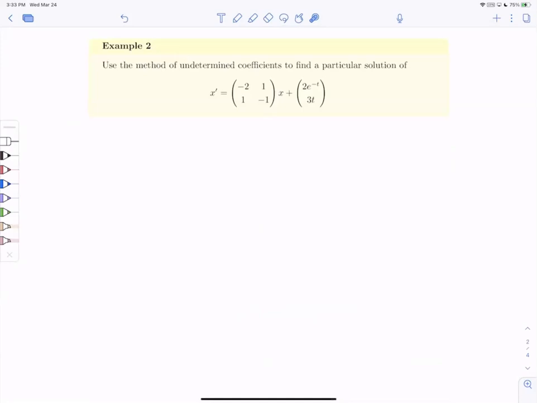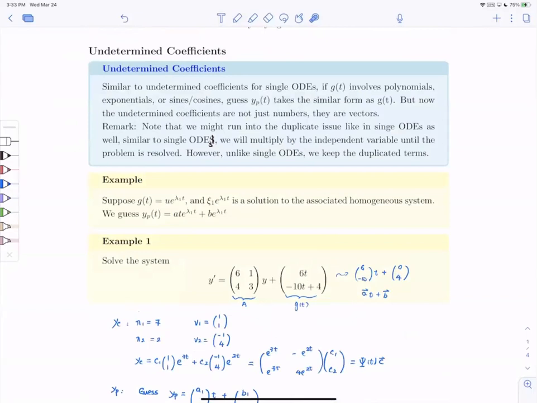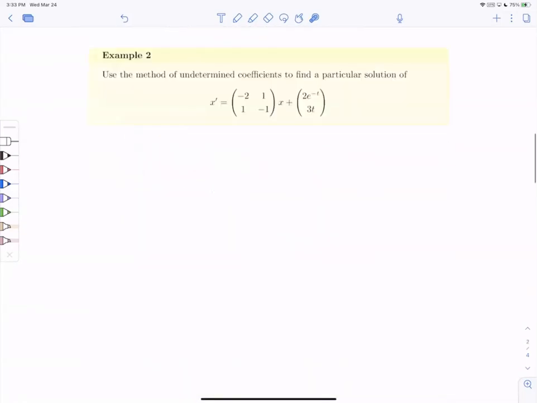Example 2. I'll tell you that in this example you will see duplicated terms, and remember, for a system of ODEs, you need to keep the duplicated terms, okay? So you need to keep it like this. Anyway, I'll give you some time to work on this.